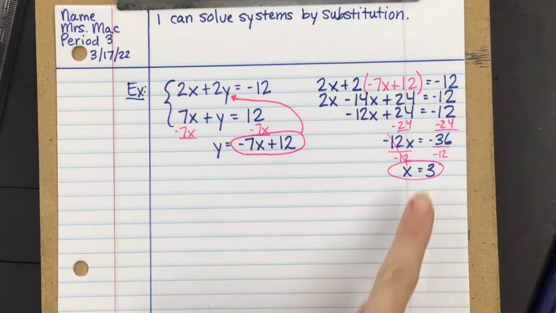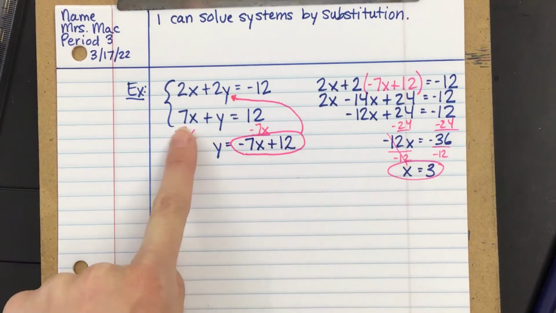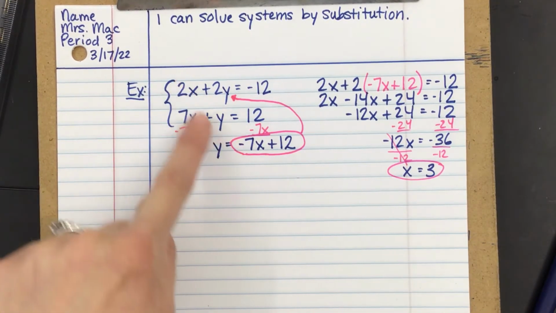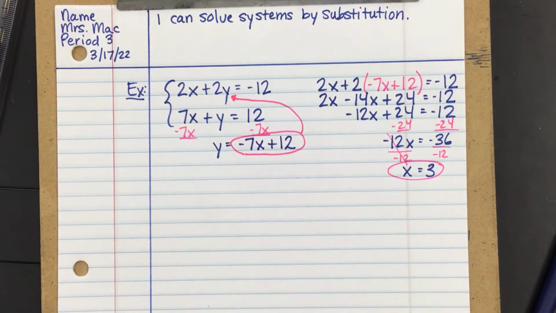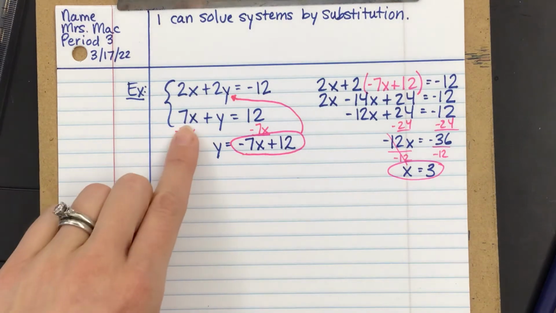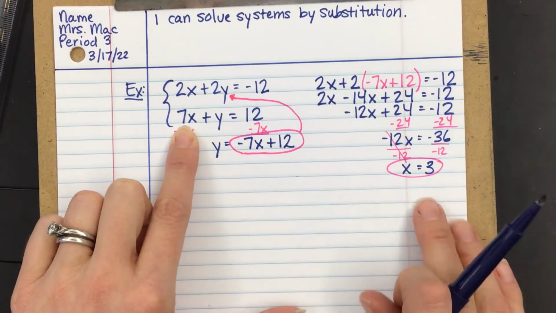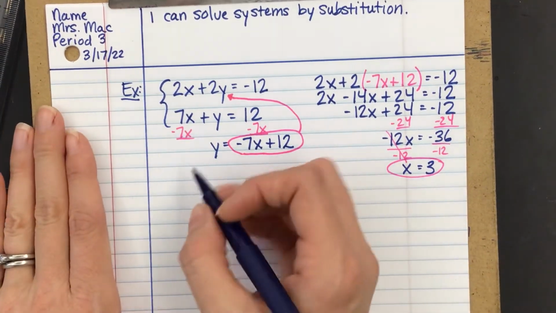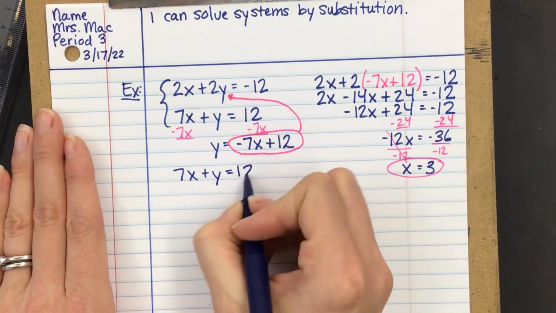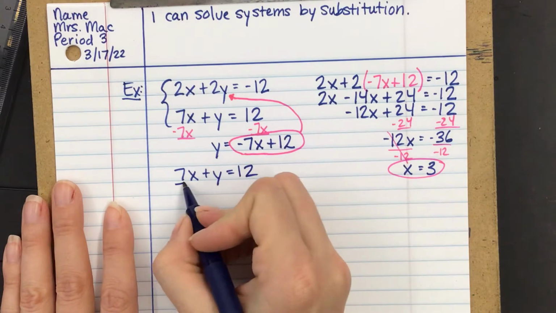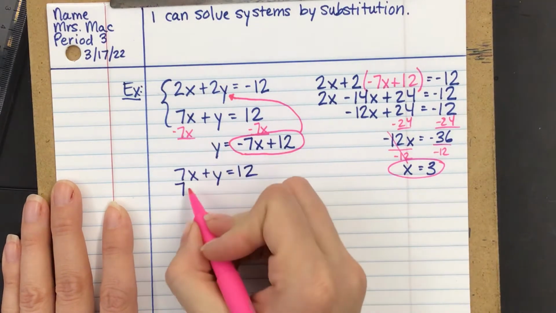So we can either plug x into the first equation or the second equation. You're going to want to choose an original, not this thing that you've manipulated, okay? So I'll choose that second equation to plug x into because it looks like it'll be the easiest. So this equation right here, and I'm going to plug x in, so 3.